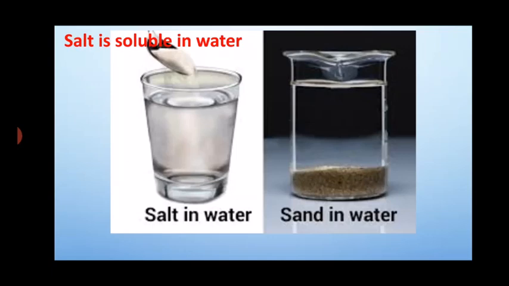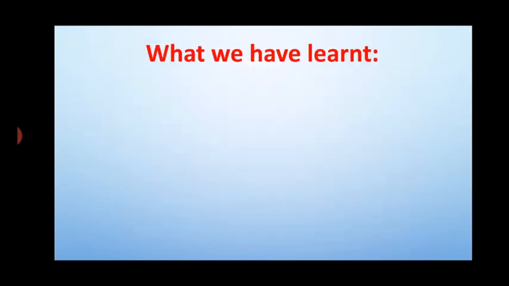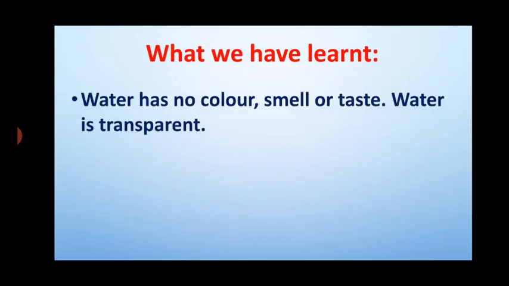Alright, so children, this was a very interesting lesson. We learned so many things about water. So what are the things we learned about water in this particular lesson? We have learned water has no color, no smell and no taste, and water is transparent.